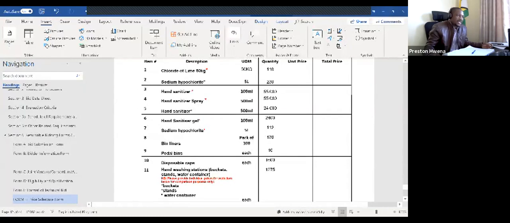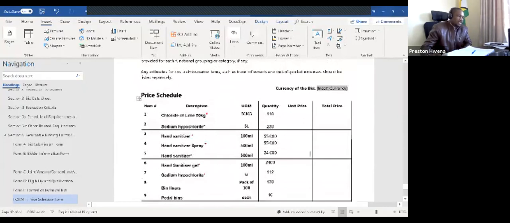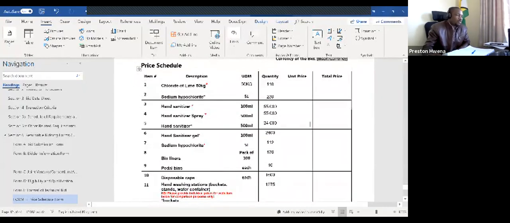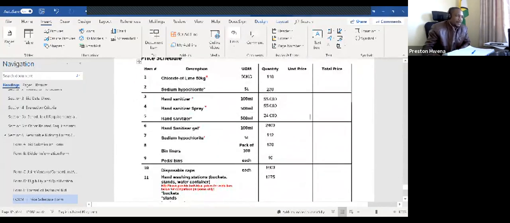Then the ordinary hand sanitizer is here. But in the system, whichever price you put, it's fine. What we know is that we use this price schedule as the evaluation basis. Because whenever we do computation, we use this price schedule. All right, no, it's okay.